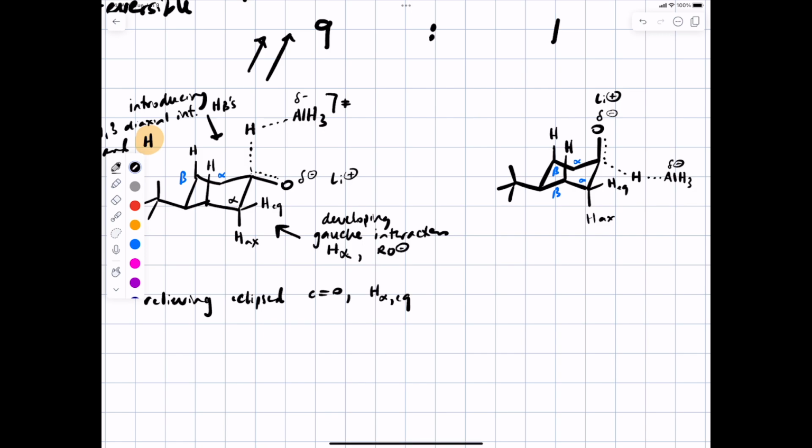So what have I got going on here? Well, I have a developing diaxial interaction between the negatively charged oxygen and the beta protons. And then here I'm getting just a gauche interaction between alpha protons and my incoming hydride.